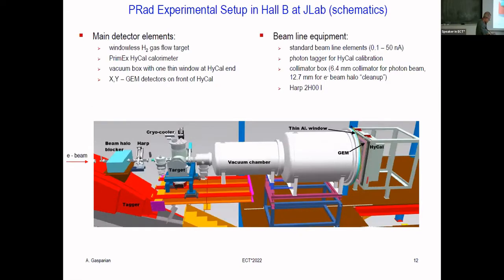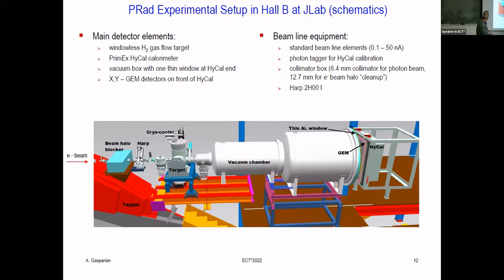Okay, let me emphasize the experimental setup. Extremely simple. Probably this is one of the latest experiments which is extremely simple. And I want to emphasize that once you go to a precision measurement, you have to try to make things maximally simple. Again, this is arguable, but I follow that philosophy.